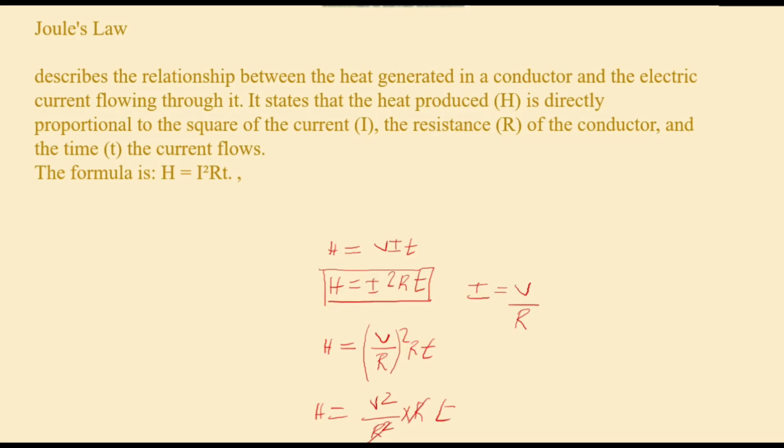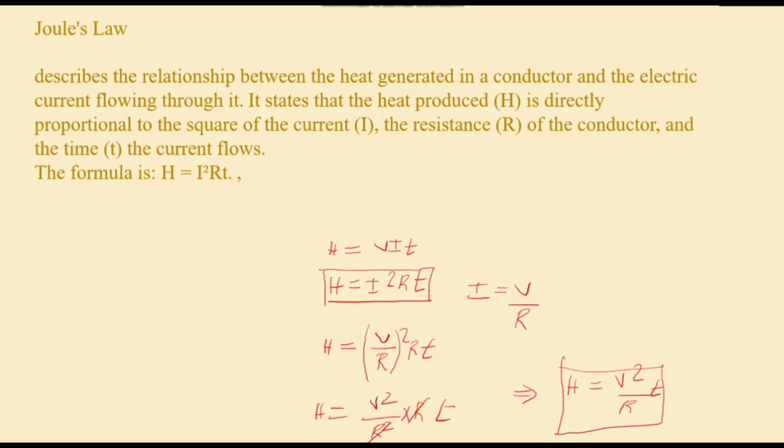One R cancels, so we get the final answer H is equal to V square by R into T. These are the equations. So Joule described the relation between current, heat and resistance.